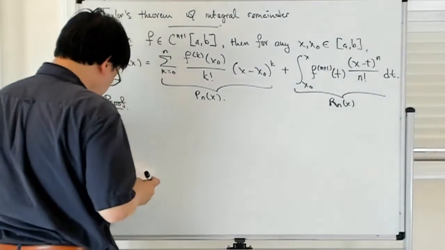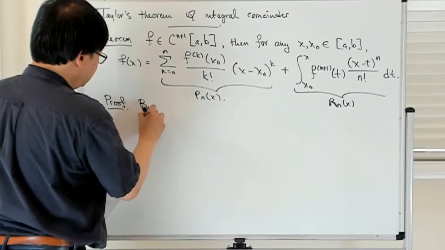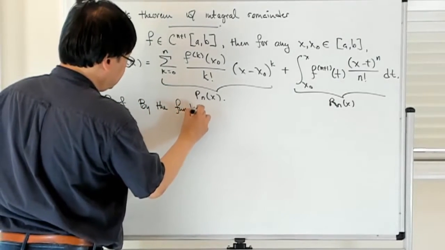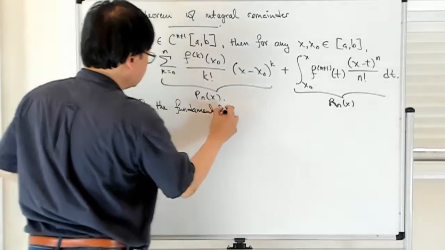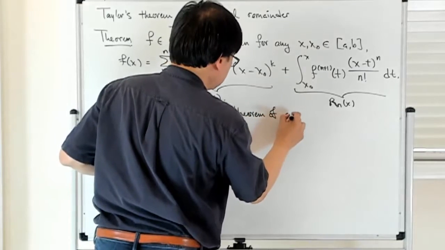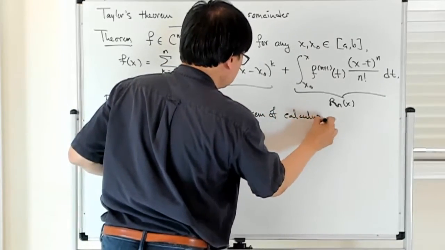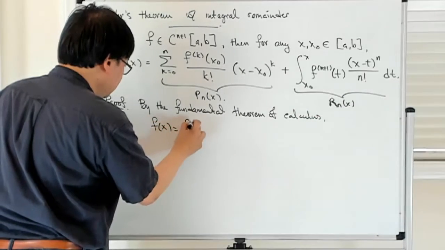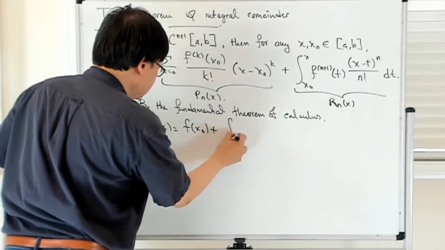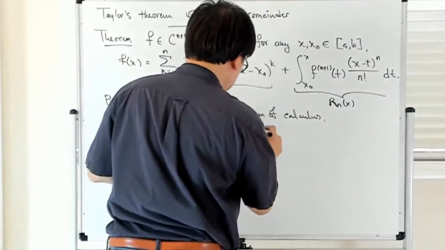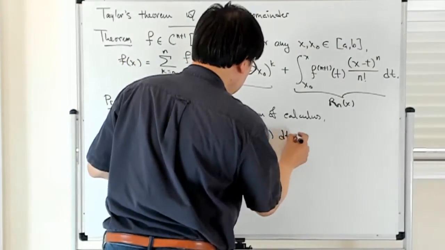So the proof is as follows. We know by the fundamental theorem of calculus that f of x is equal to f of x0 plus the integral from x0 to x of f prime t dt.